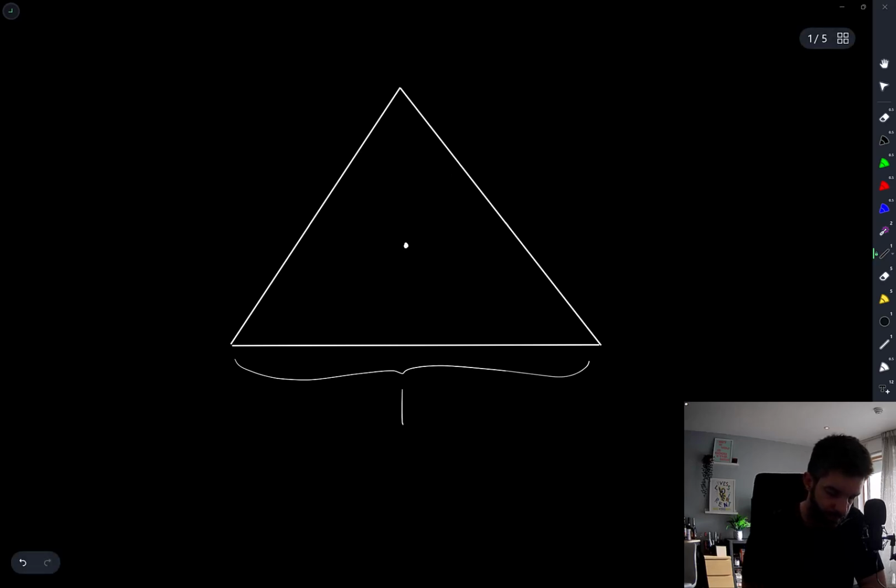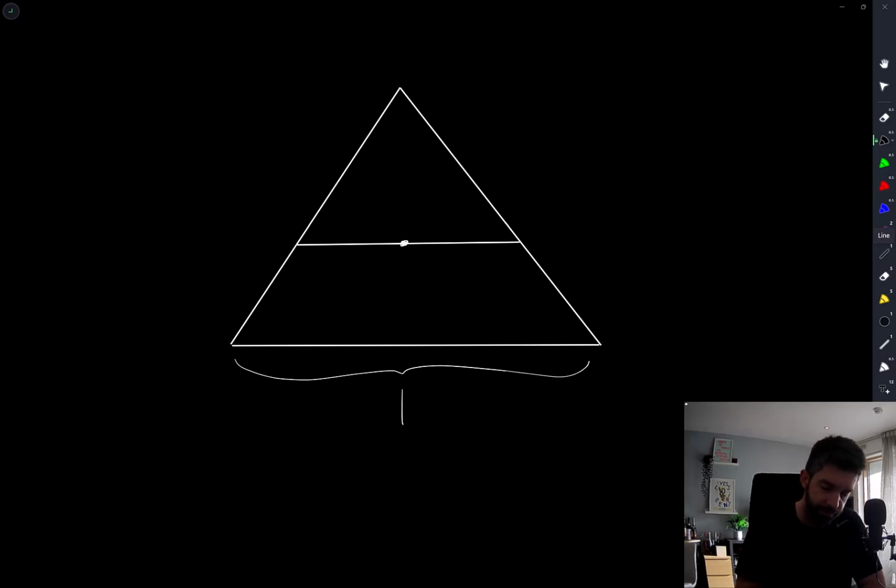Let me draw it this way instead. It's a little bit more convenient to look at. I have a hard time convincing myself that this would not be the right answer, or the line that attains the minimum. Okay, so now I basically just need to find the side length of that base, right?